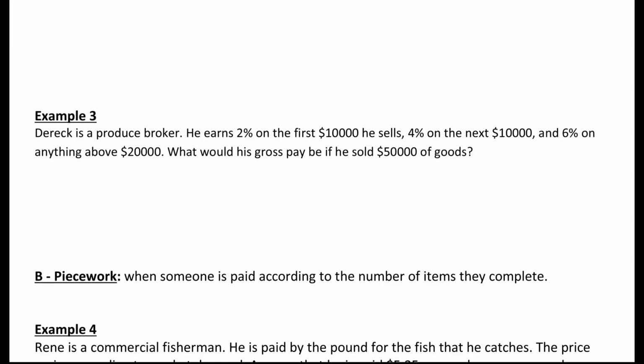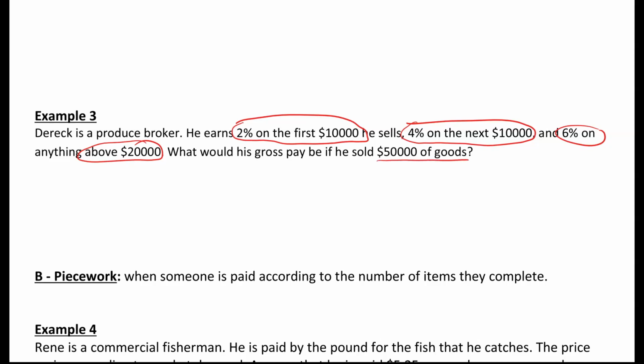Now, let's first highlight the important information out of these sentences. 2% on the first 10,000, 4% on the next 10,000, 6% on anything above 20,000. And then we're trying to figure out what would the gross pay be on $50,000 of goods sold.